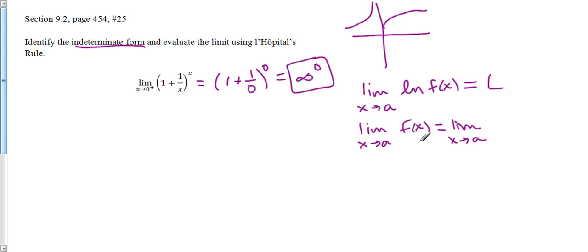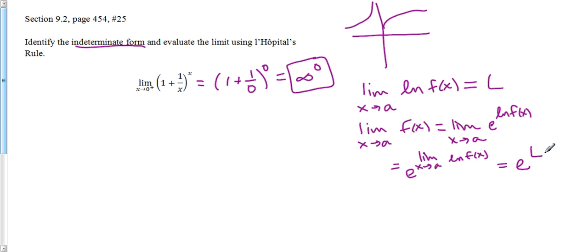So taking the limit as x goes to a of f(x) is the same thing as taking the limit as x goes to a of e to the natural log of f(x), because the e and the natural log will undo each other. They're inverse operators. So this is going to be equal to e to the limit as x goes to a of the natural log of f(x), but we've already solved for that, and it's equal to L. So this is going to give me e to the L.